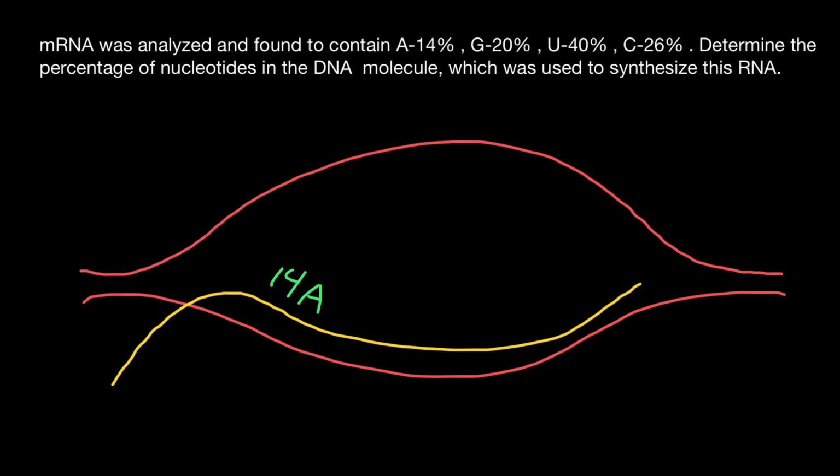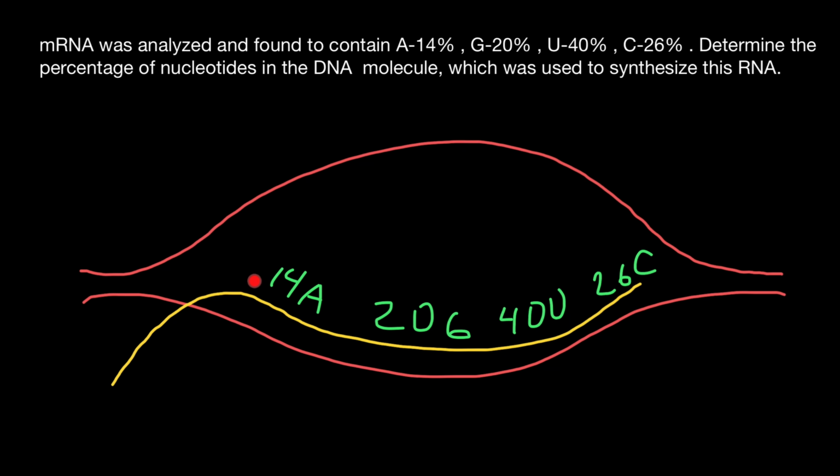We also have on this messenger RNA 20 guanines, 40 uracils, and 26 cytosines.